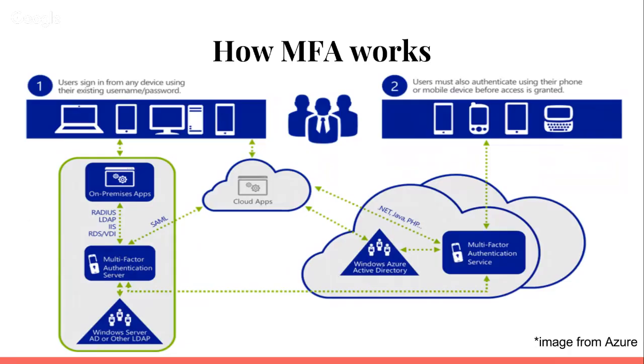So this is basically just giving you a brief overview of how multi-factor authentication would work. You would sign in from your device, your computer, or whatever, using your typical credentials. After that, you're using the application through your device.